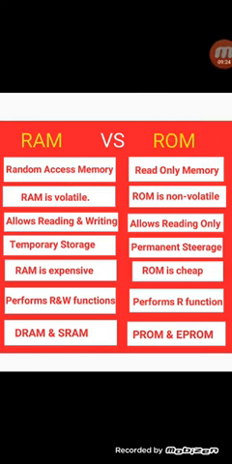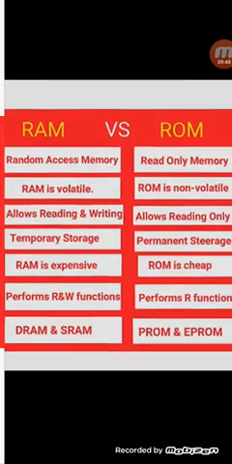RAM includes reading and writing, means we can read and we can write in RAM, but in ROM we can only read. As is clear from its name, read only memory means we can only read it, we cannot write into it.